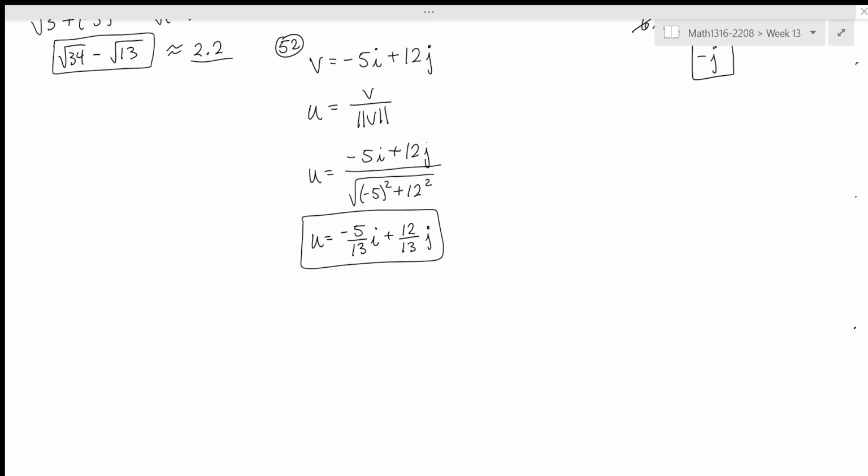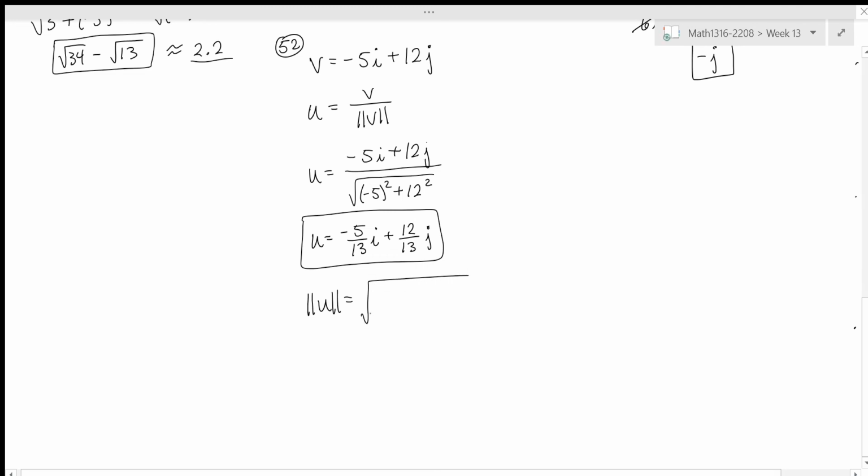Okay, let me ask you a question, something that I've said. I know I said this a second ago, and see if you remember. Every unit vector has a magnitude of what? Oh, you remember. Good. Let's prove it. Let's take our unit vector that we just found and let's apply the magnitude formula.